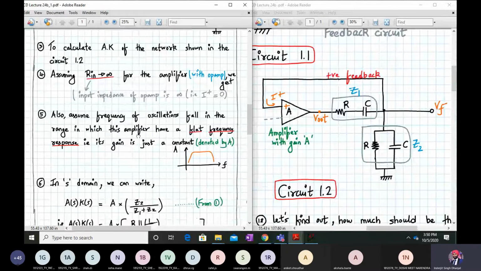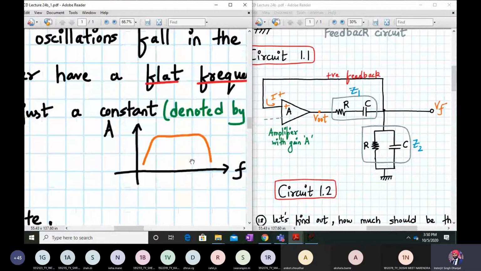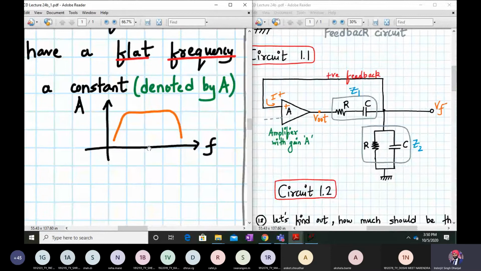Also there is one more point that has to be clear over here. Assume the frequency of oscillations falls in the range in which this amplifier has a flat frequency response. Now everyone identify this. What is this? This is basically my frequency response of the amplifier, right? So we know that at low frequencies the gain falls, and at high frequencies the gain falls.